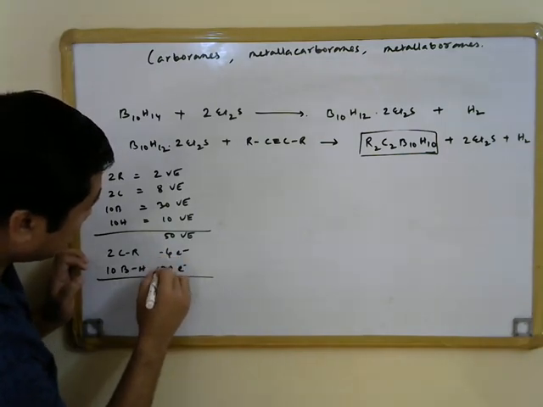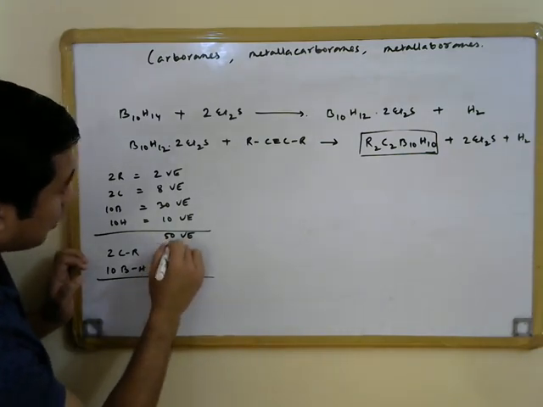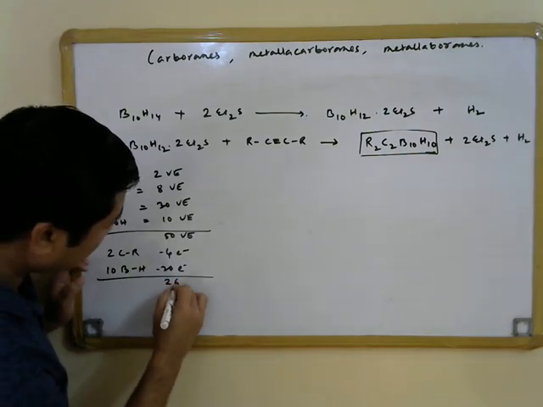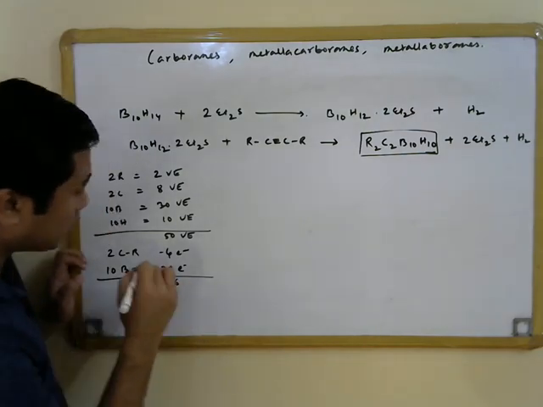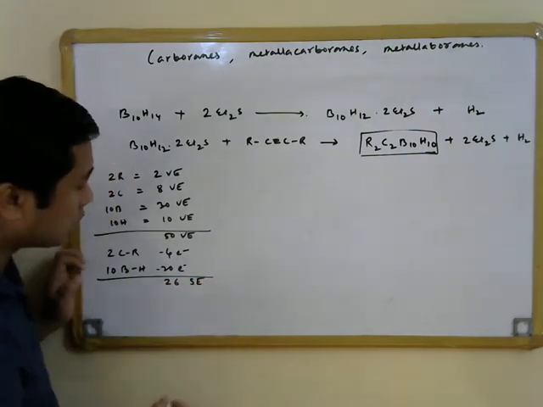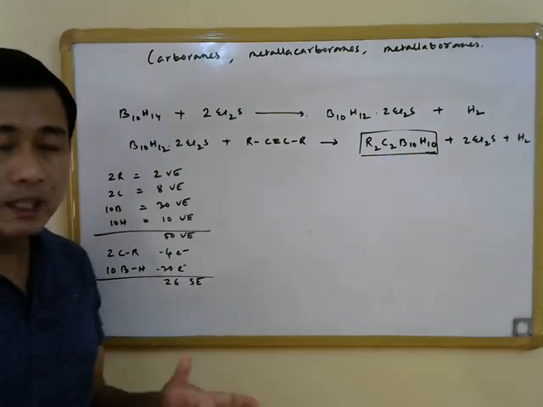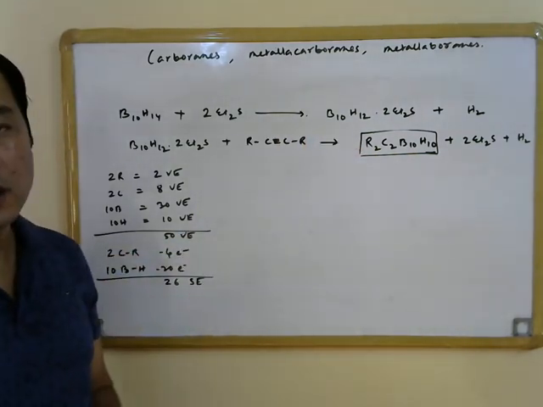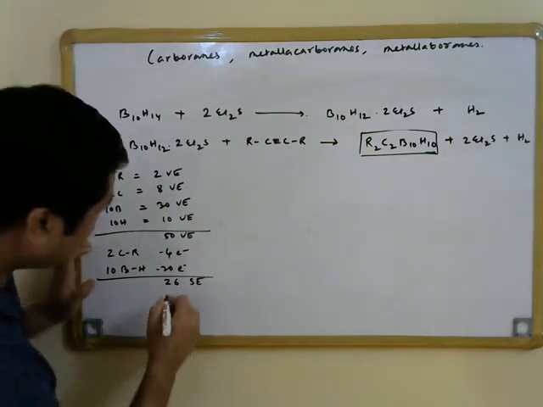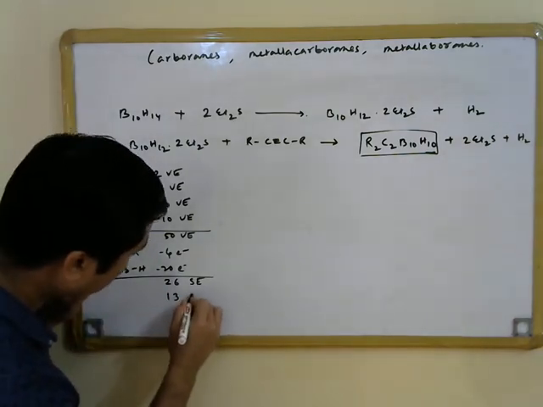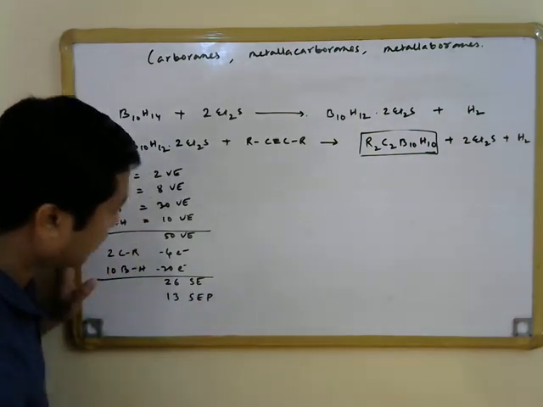If we deduct these 24 electrons from the total valence electron count, we get 26 electrons. These are the skeletal electrons which form the polyhedral skeleton in this carborane molecule, which is equal to 13 skeletal electron pairs.